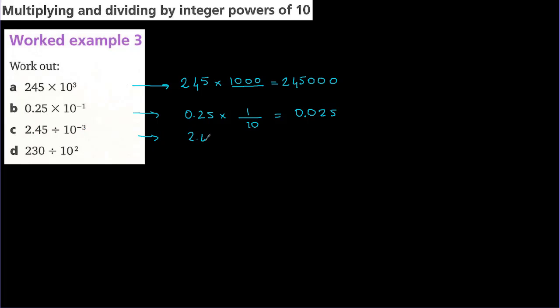Firstly, 2.45 divided by, not times, 1 over 1000. And you know, when you divide a number by a fraction, firstly you write the number, then you replace the numerator and denominator of the fraction, so it's going to be times 1000.